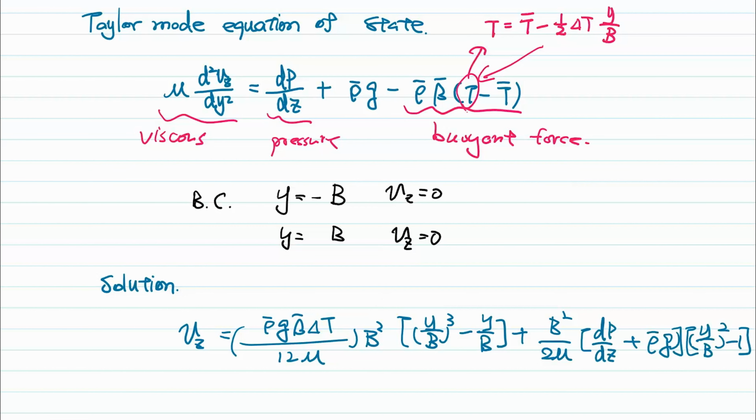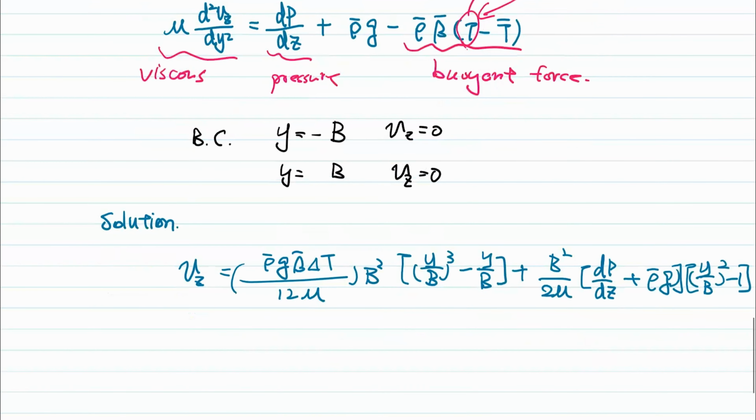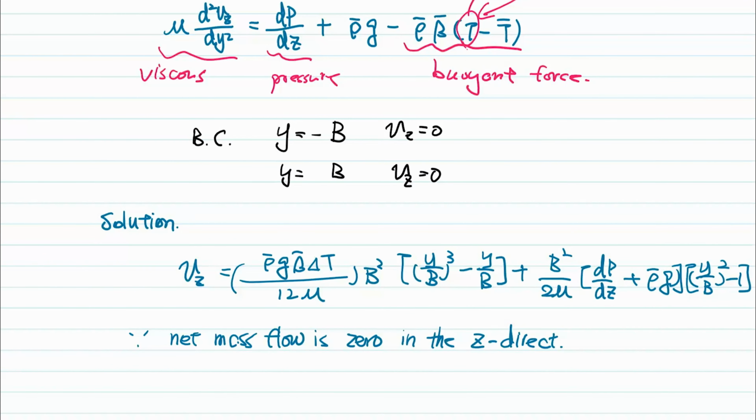Okay, and because the net mass flow is 0 in the z direction, the integration of rho vz dy equals 0.